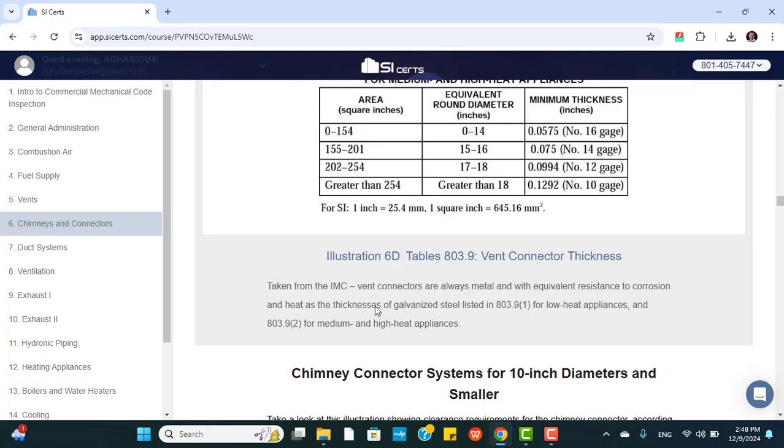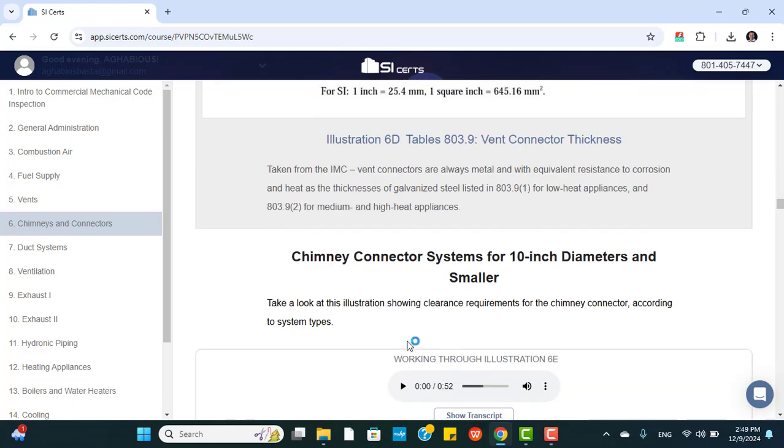Taken from the International Mechanical Code, connectors are always metal, with equivalent resistance to corrosion and heat as the thickness of galvanized steel listed in Table 803.9.1 for low heat appliances and 803.9.2 for medium and high heat appliances.